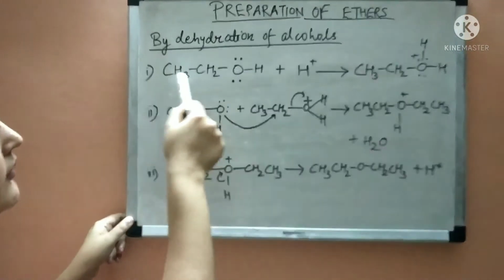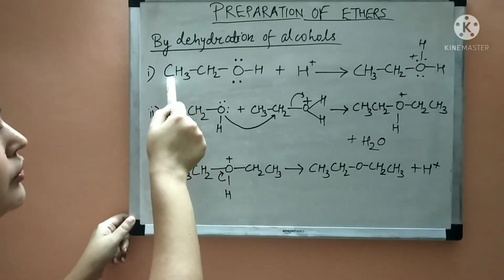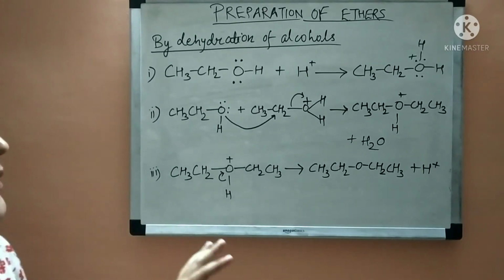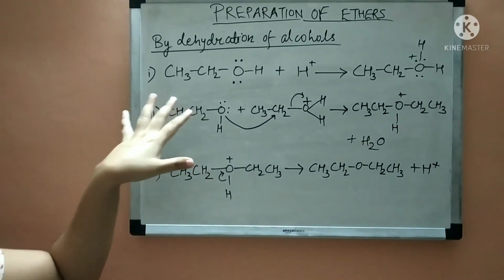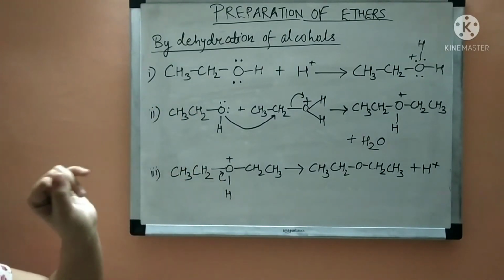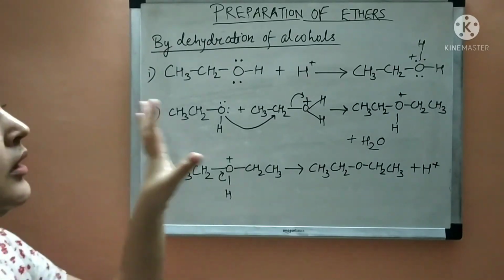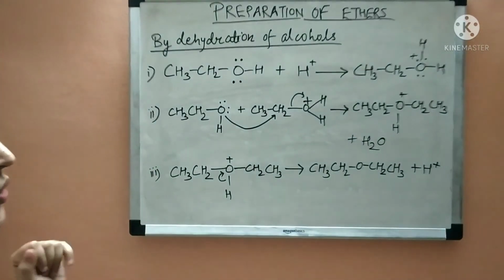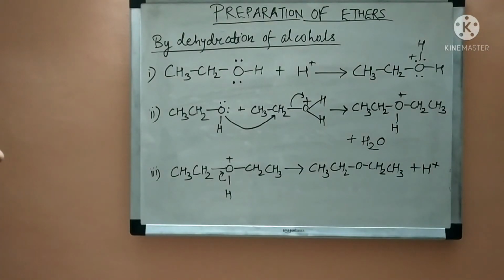How? OH will leave and one hydrogen will leave, so ethene will be formed. So if it is primary alcohol, ether is formed, but if there is secondary or tertiary alcohol, then the alcohol will form alkene, not ether. So these were the things you should know about dehydration of alcohols in the preparation of ethers.